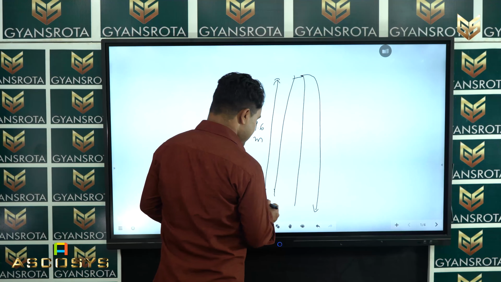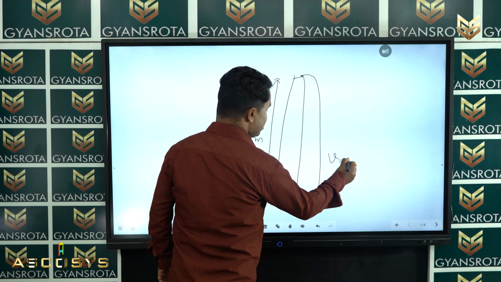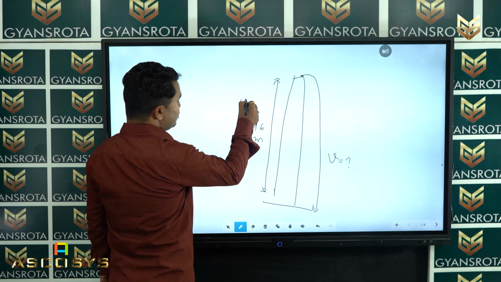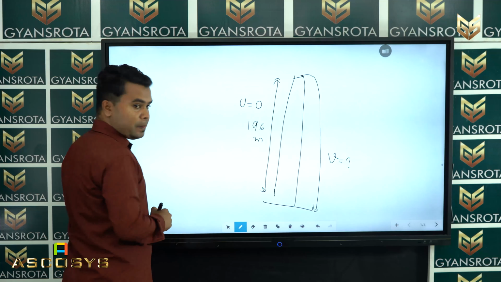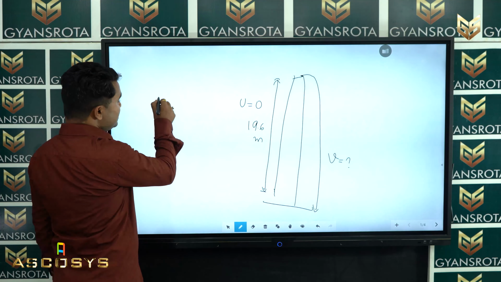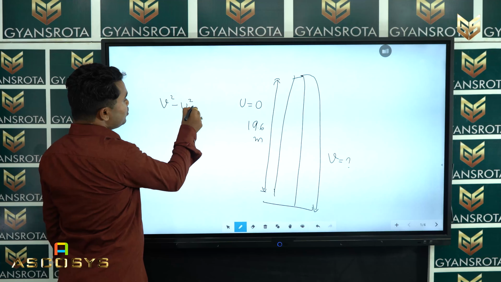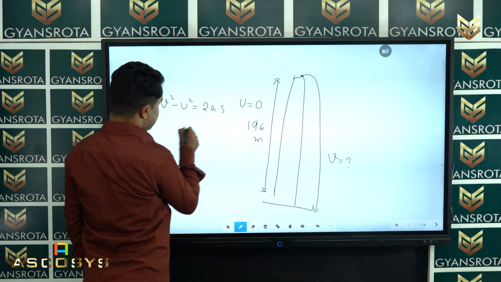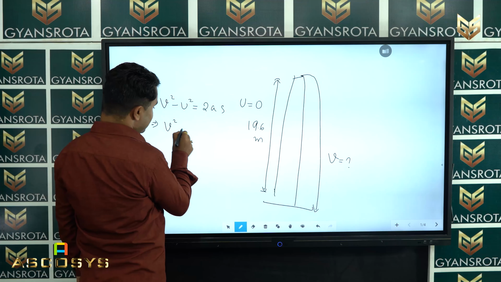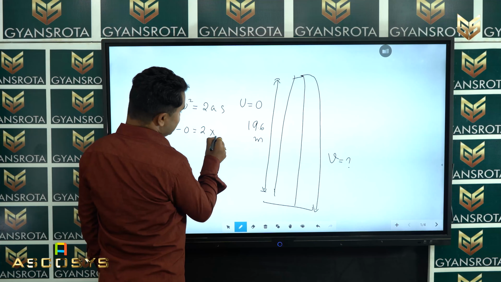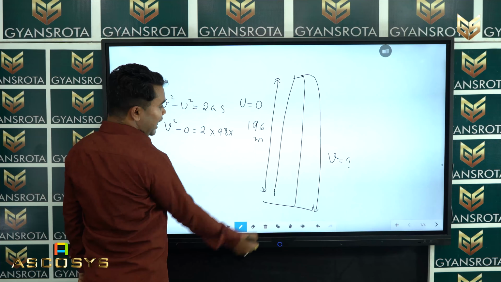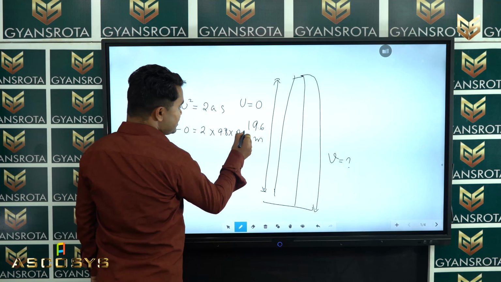So you have to calculate the final velocity, means v you have to calculate. So initial velocity will be how much? U will be equals to 0, right? Which formula you will use to calculate its final velocity? V square minus u square is equals to 2as. So v we need to calculate, u is 0 and 2 into acceleration is 9.8 and the distance covered will be height, that is 19.6.